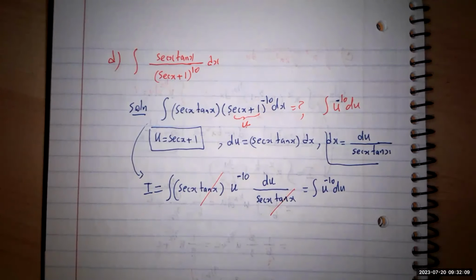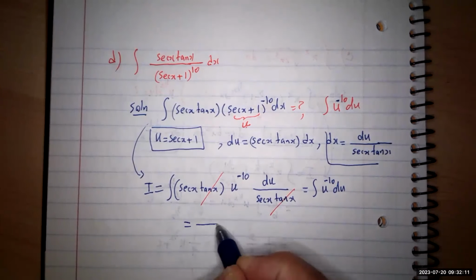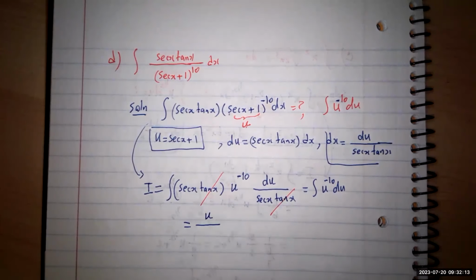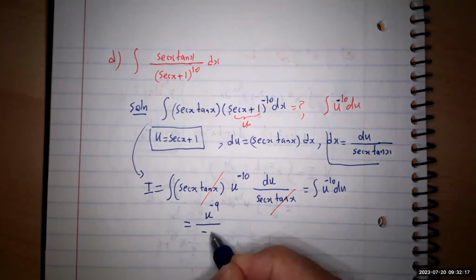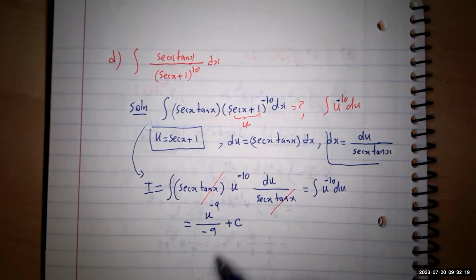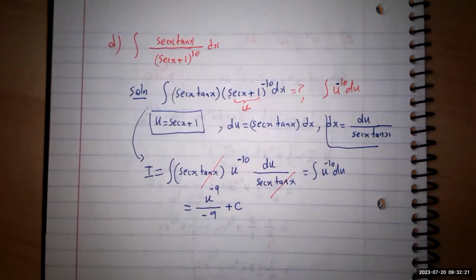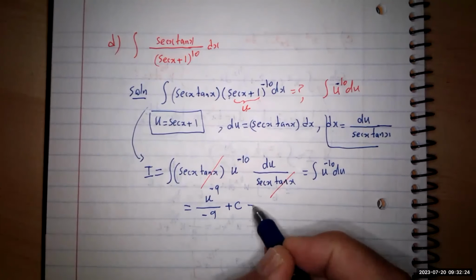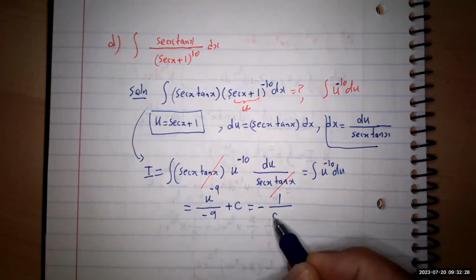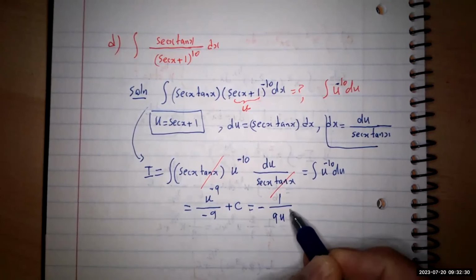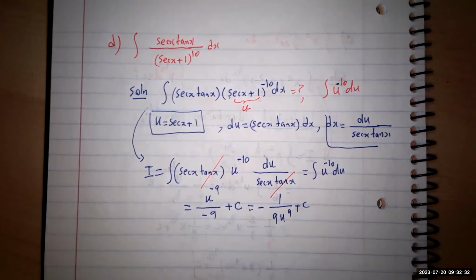So you get your target, and now you move up the power. Negative 10 plus 1 is going to be negative 9, so it's u to the negative 9 divided by negative 9 plus the constant c. You have to rewrite; this is going to be the sign of the fraction. So the top would be 1, the bottom would be 9 u to the 9, plus the constant c.